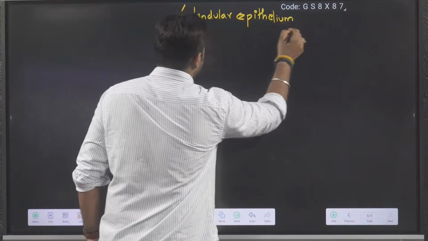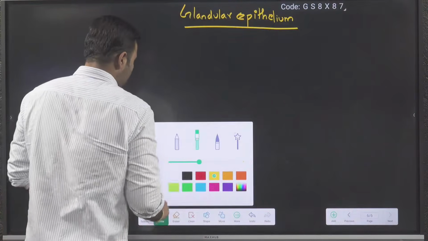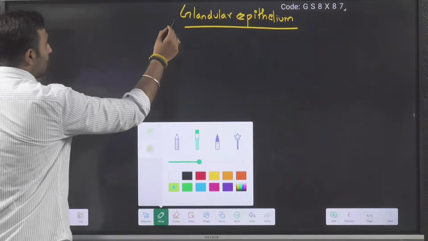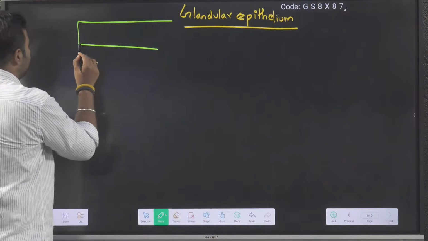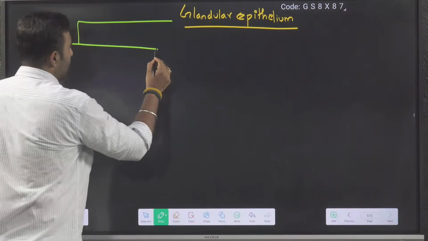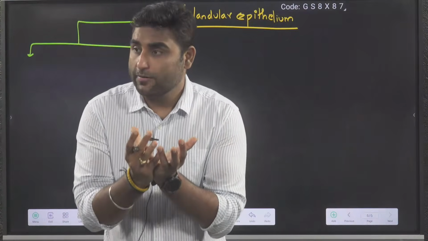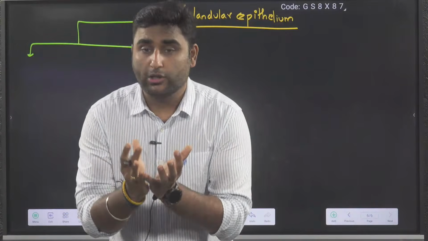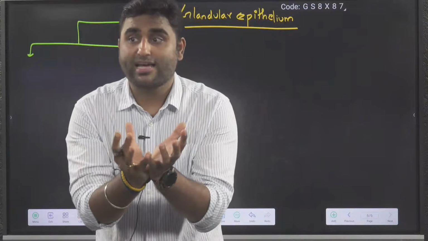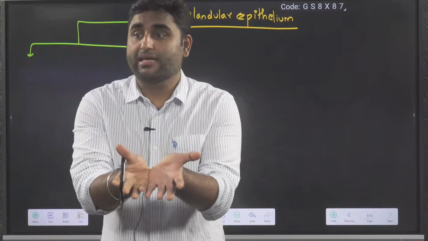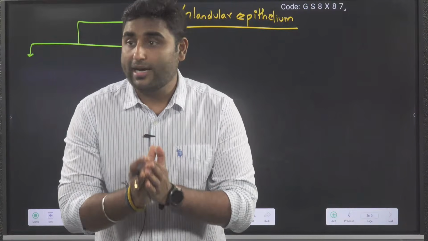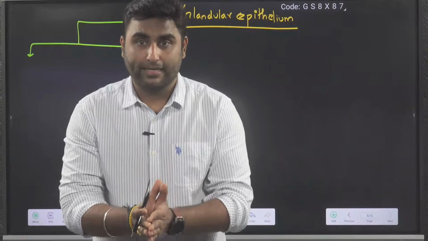The first classification is based on the number of cells. Multiple cells come together, making an organized gland and then secreting something, then it is called a multicellular gland.